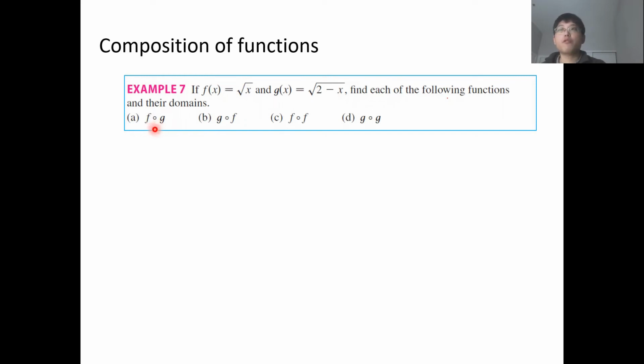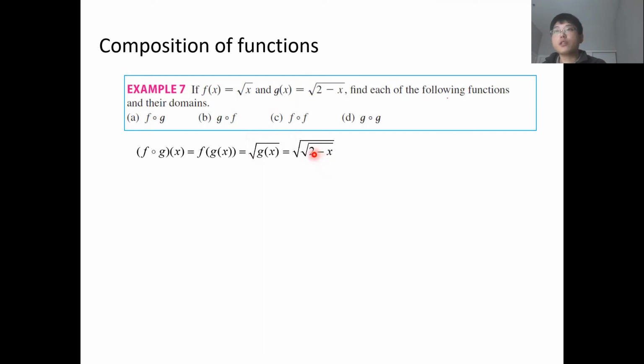So part A, we wish to find f circle g, which is defined to be f of g of x. Now, f of x sends x to root of x, so f of g of x would then be root of g of x. And now if you plug in g of x, you will get root of 2 minus x.